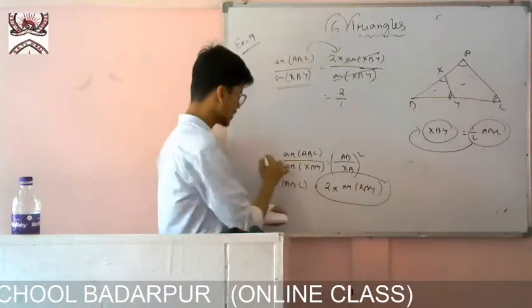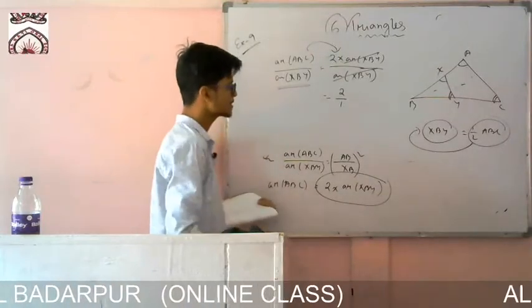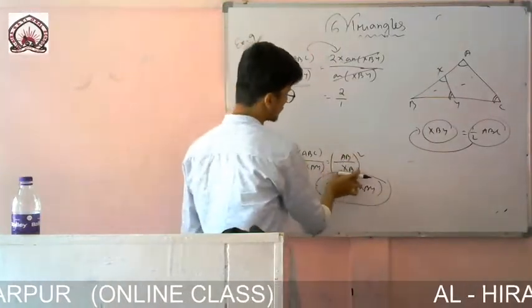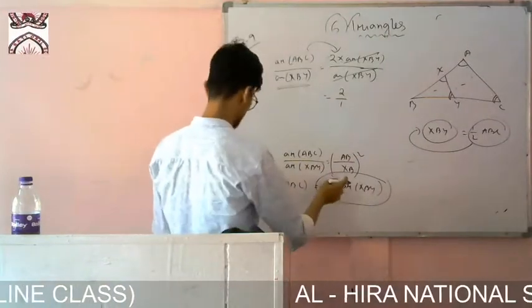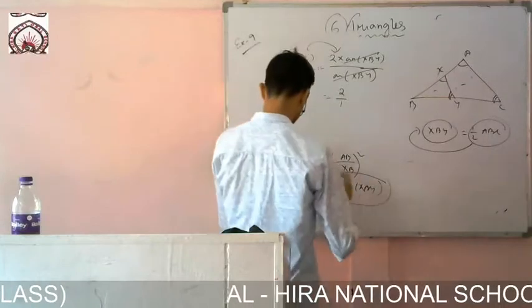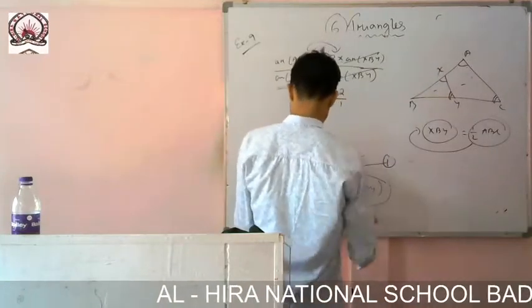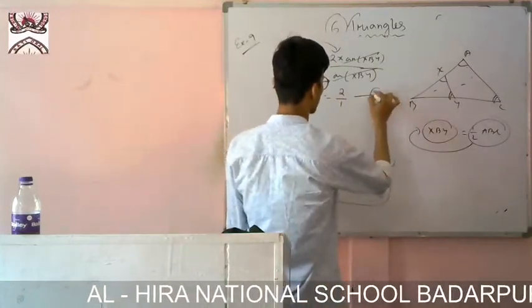And you see here, what we have got: area of triangle ABC by area of triangle XBY is equal to (AB by XB) whole thing square. This was equation number 1, and this one is equation number 2.